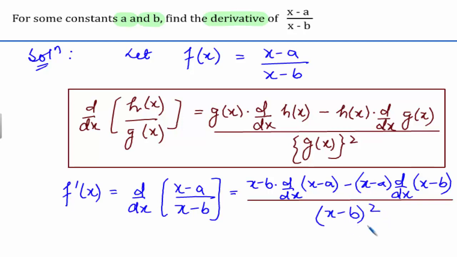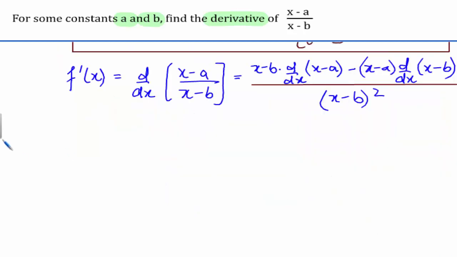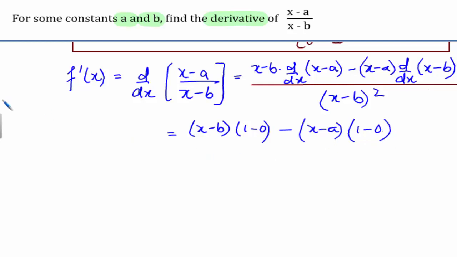Now this is further equal to x minus b and derivative of x minus a with respect to x is 1 minus 0, since derivative of x with respect to x is 1 and derivative of a constant with respect to x is 0. Then we have minus x minus a into similarly 1 minus 0 whole divided by x minus b whole square.